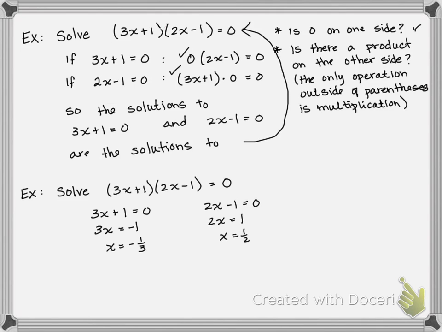So our general idea here is to get a 0 on one side, a factored polynomial on the other, and then we're going to set each of our factors equal to 0. So let's write that down. We're going to get 0 on one side of the equation.